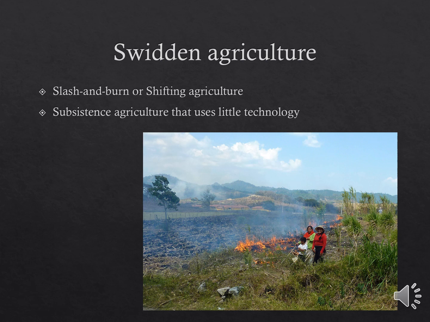Even today in the world, especially among developing countries in parts of the Americas, parts of Africa, parts of Asia, this is a subsistence system that's used by about 500 million people around the world. So what is it? Well, it's exactly what it sounds like.